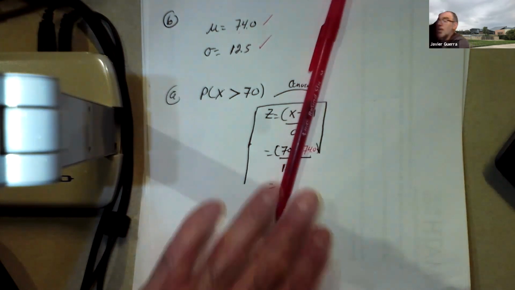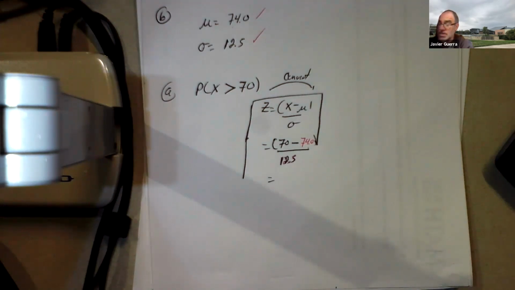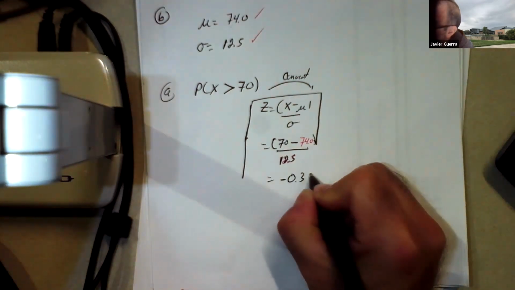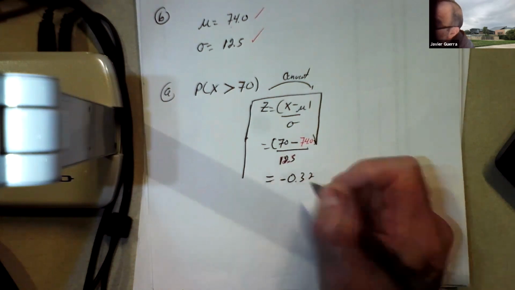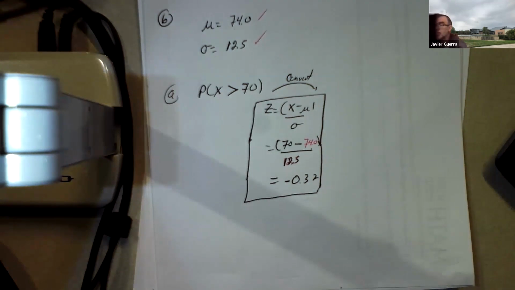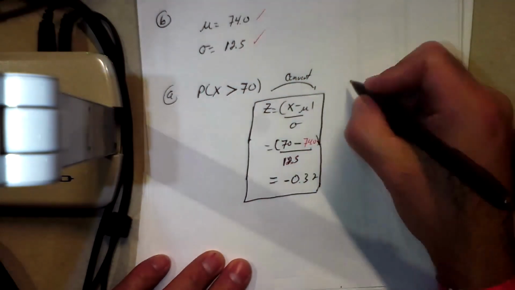Anyway, you guys see it. 70 minus 74.0 divided by 12.5. I got a negative 0.32. Is that what you got in your calculator? Negative 0.32? Yes. All right.